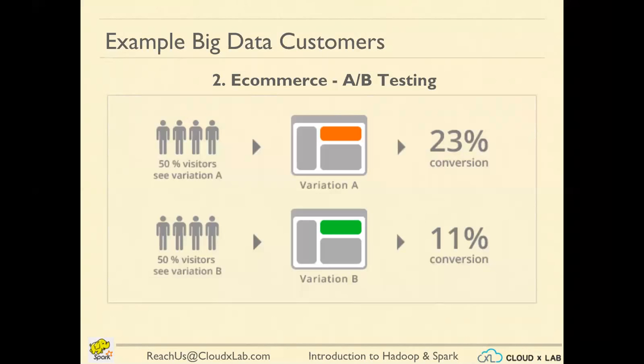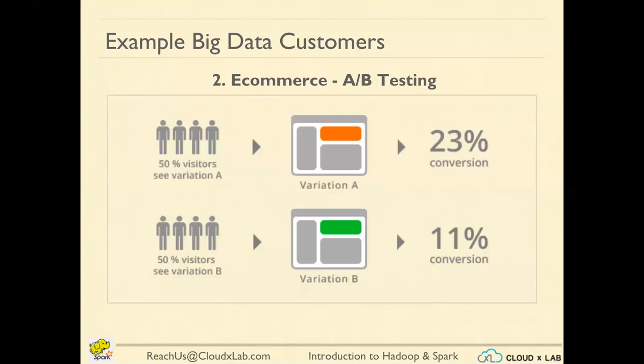From the picture, do you think variation A is better than variation B? There are two variations of the website. Both are getting an equal number of users in the traffic, or you can say both are getting an equal number of visitors.